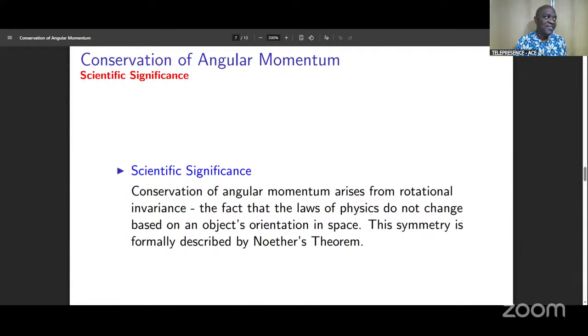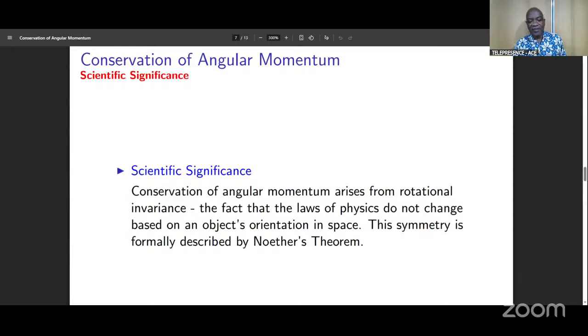So you will learn this more, especially those of you that will be doing physics in your 300 or 400 level. You will learn more about this very important principle due to Noether, that whenever there is symmetry, there is always a conservation law.